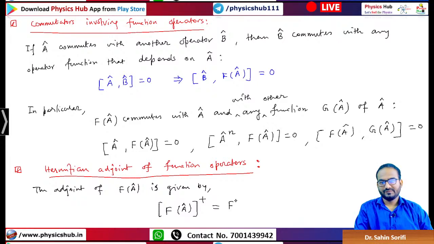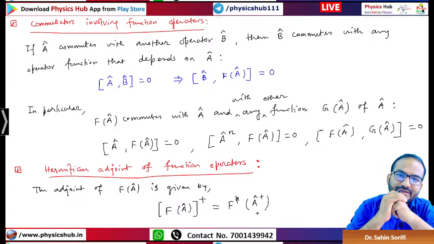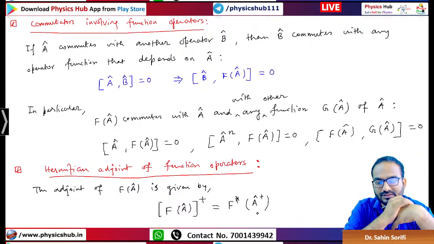So this is f star of A dagger. You can write it in this way. This is how you take the adjoint of a function operator: f of A dagger is equal to f star of A dagger.